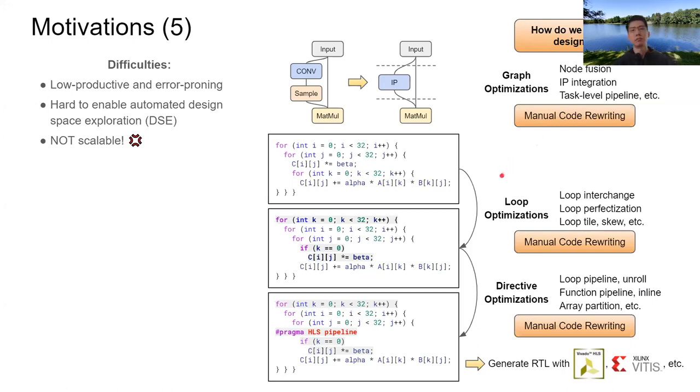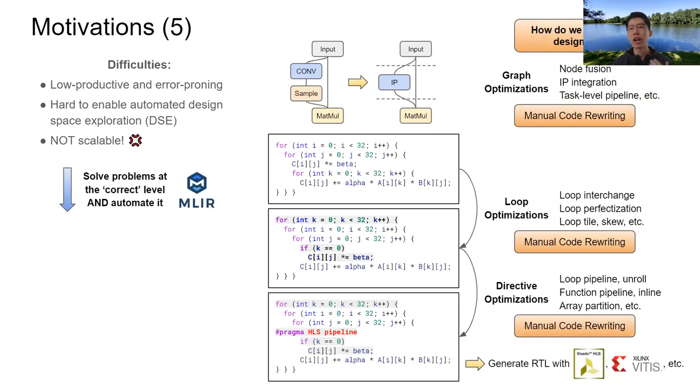So ScaleHLS is trying to solve these difficulties. We observed that these high-level synthesis optimizations are desired to be applied at different abstraction levels. For example, the graph abstraction level is higher than loop and higher than directive. And these problems can be solved well at different abstraction levels. That means we want to solve these problems at the correct level and automate all of these optimizations to make design space exploration possible.